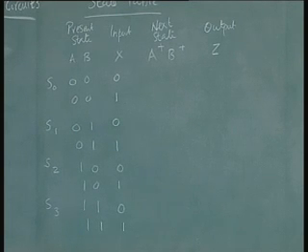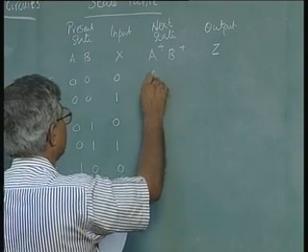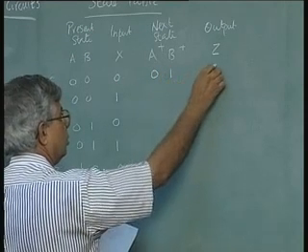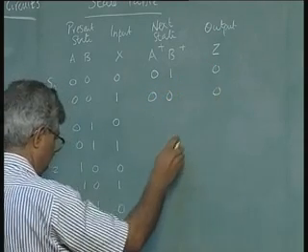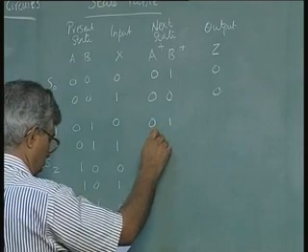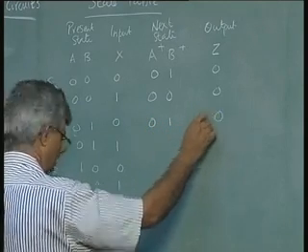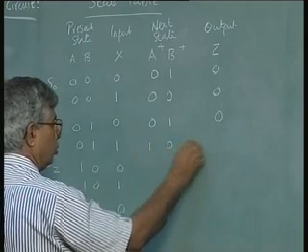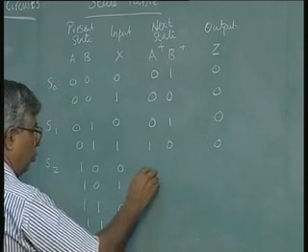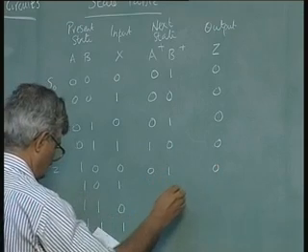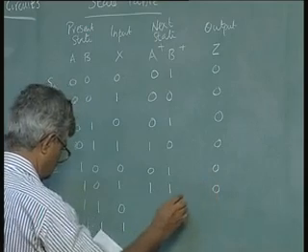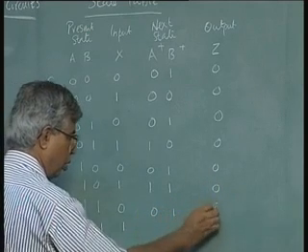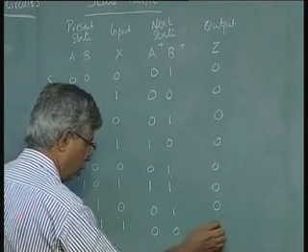Without spending a lot of time, since we already have done this exercise, I can write this as 0 1 0, 0 0 0, 0 0 1, 0 1 0, 0 0 0, 1 0 1, 1 0 0, 1 0 0 0 0.